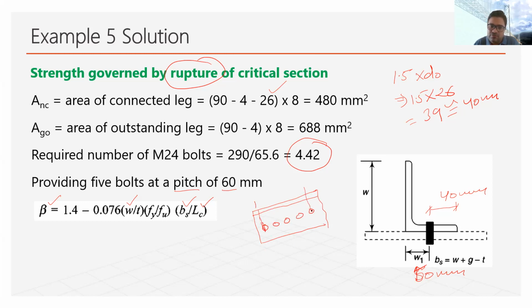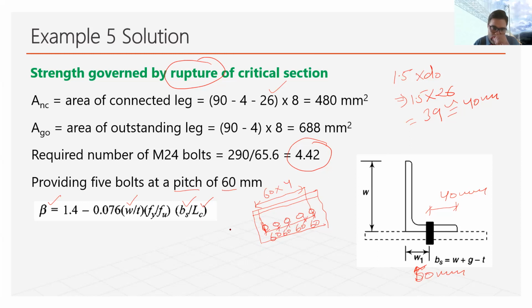The center to center distance of the first bolt and the last bolt will be 60 multiplied by 1, 2, 3, 4. This distance is the pitch distance, so these pitch values will be 60, 60, 60, 60.